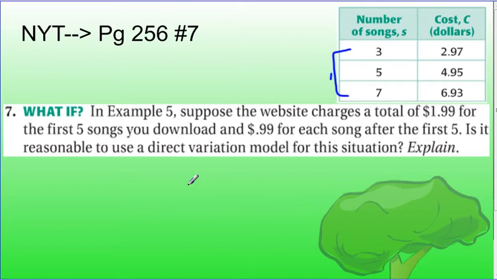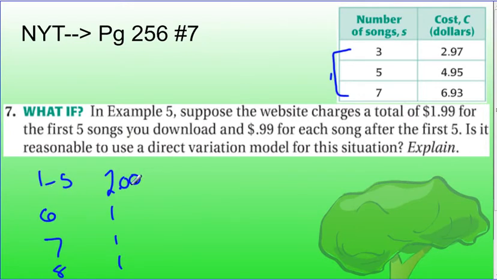And the answer is no. You definitely would not get the same slope. Because if you buy the first 5 for $1.99, okay, so buying songs 1 through 5 costs you basically $2. And then song 6 costs you $1. Song 7 costs you $1. Song 8 costs you $1.